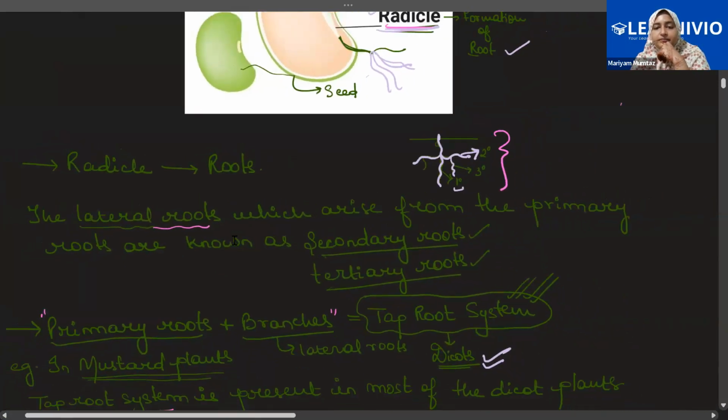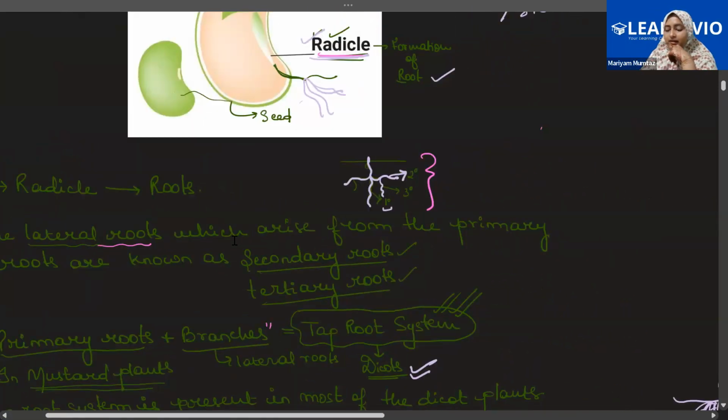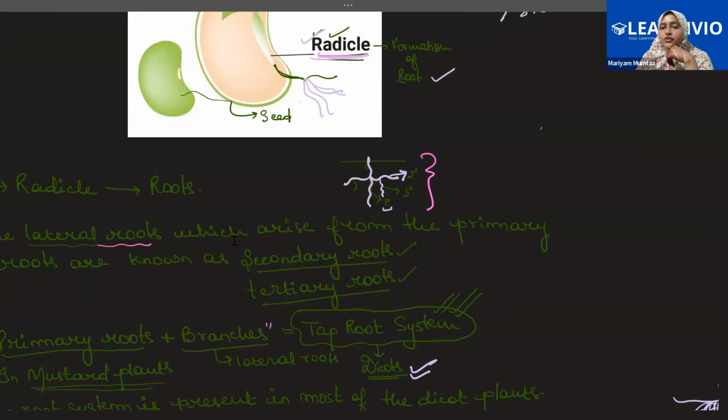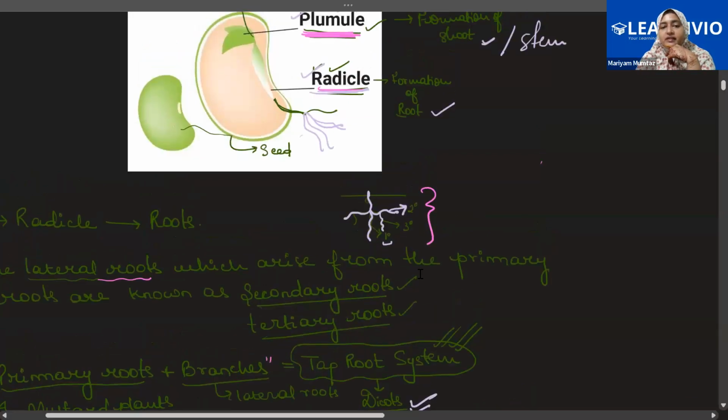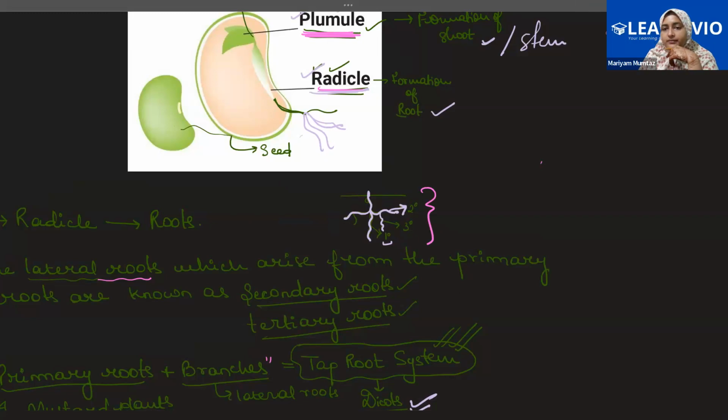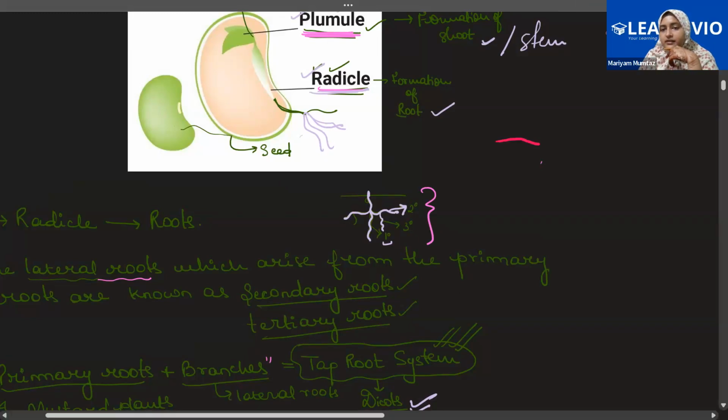Okay, now see, what happens is that when the radicle elongates, it forms the roots. For example, if this radicle is coming out, and this is the level of the soil, here the first formed root will be called the primary root.